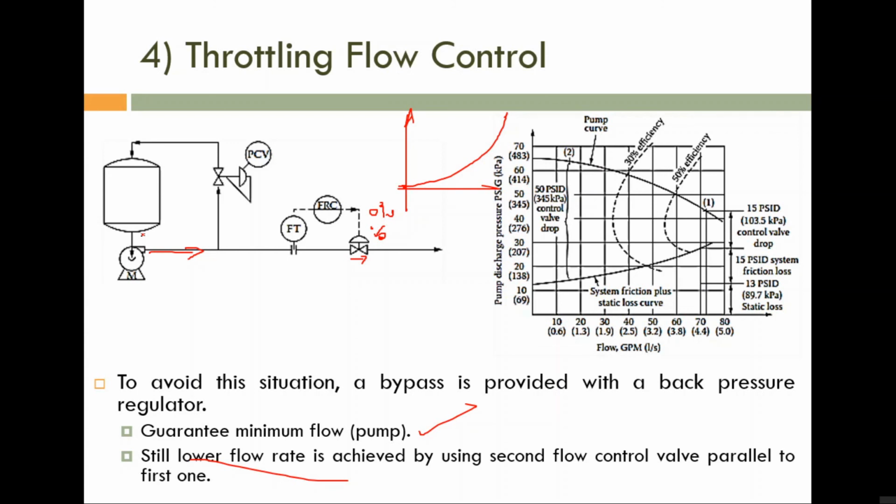The system curve is very large because the viscosity of slurry is very large. So definitely the viscous force is very large, and the system curve will shift upward.